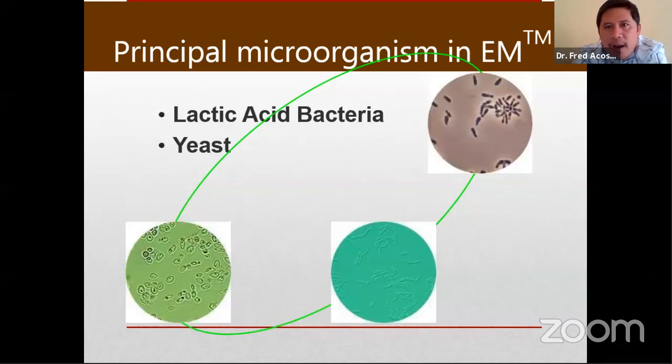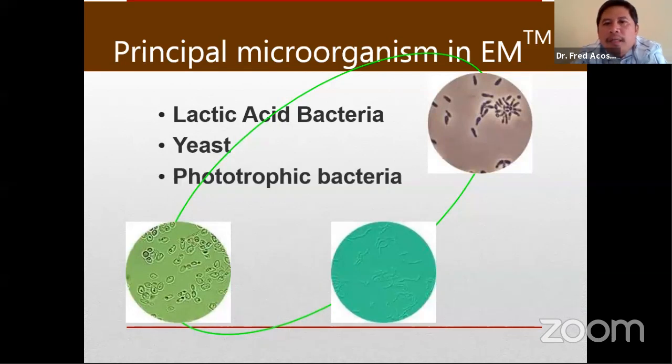Yeast is another microorganism that we use when we are baking bread or fermenting beer, so we use yeast in fermentation. And of course, now we have phototropic bacteria. So let's try to understand more about these three different bacteria.